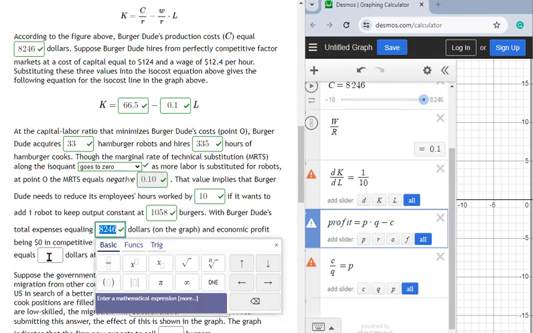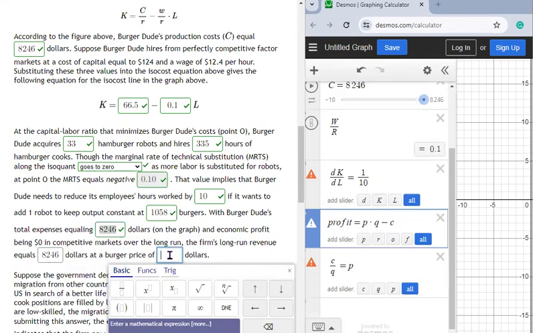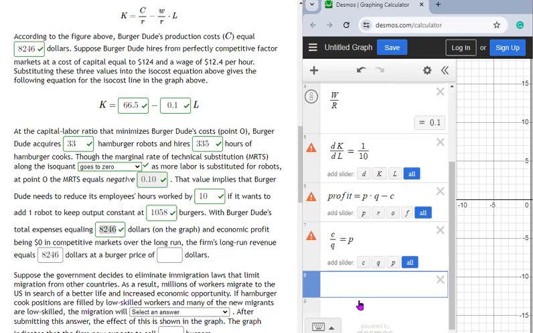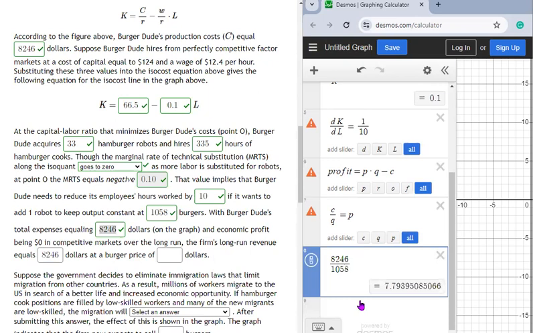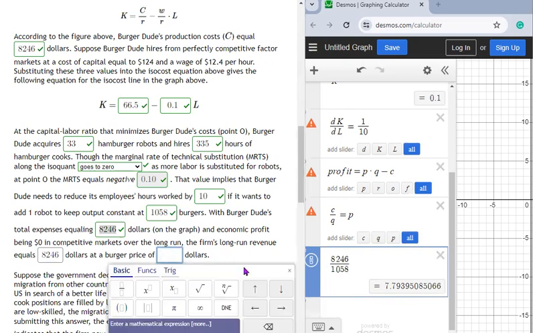And the burger price must be equal to the cost divided by the quantity. With the cost being 8,246 and the quantity being 1,058, the price of the burger today is $7.79. The price of the burger is $7.79.